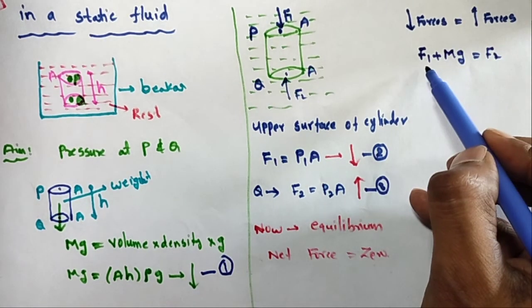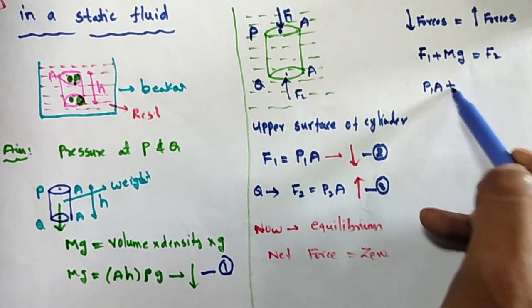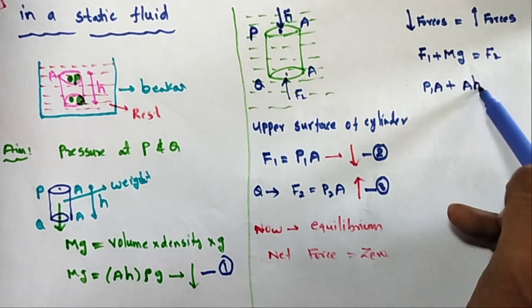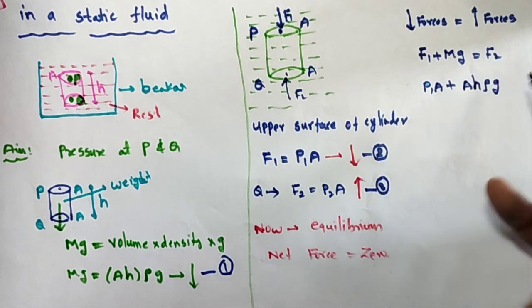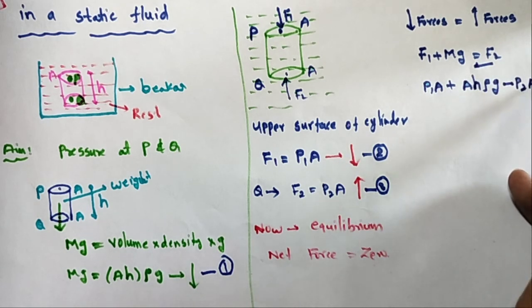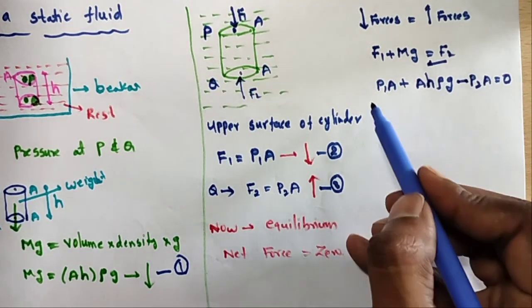F1 means P1 A, plus mg means A h rho g, minus F2, which is P2 A, is equal to 0.